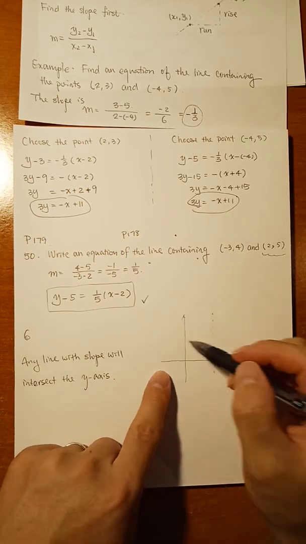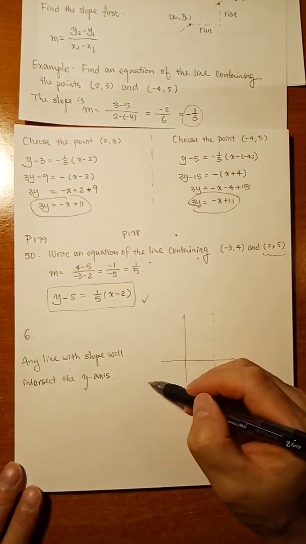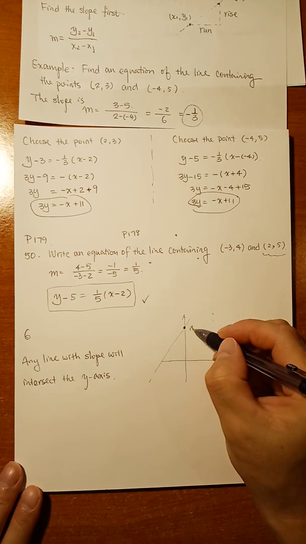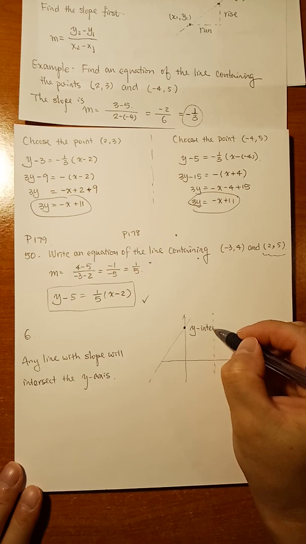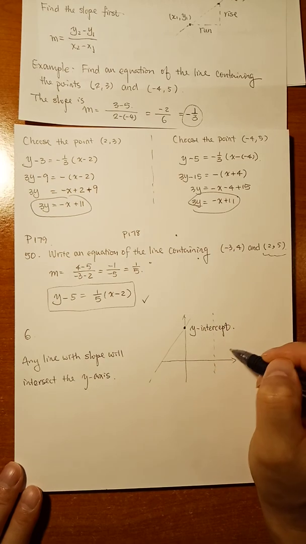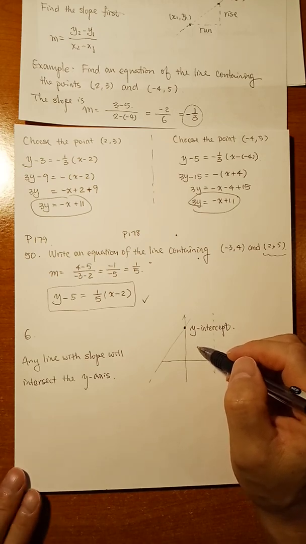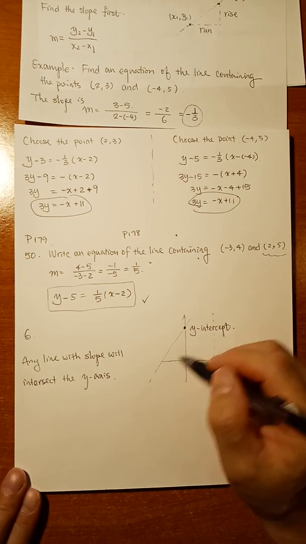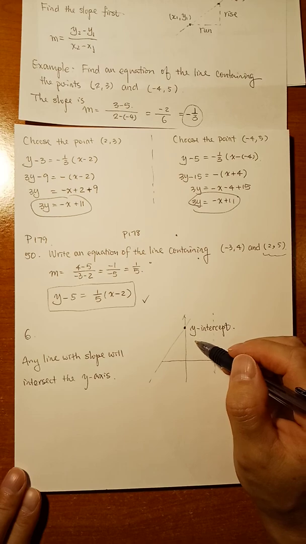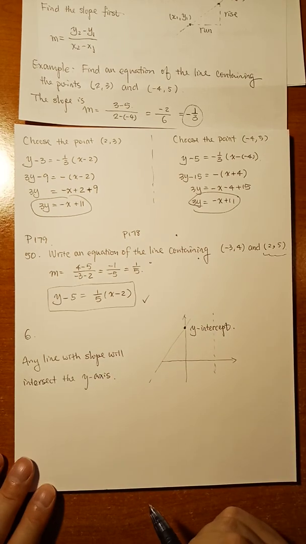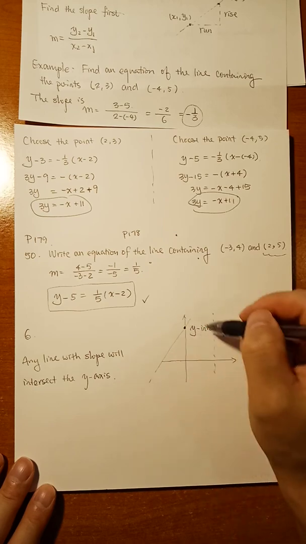Once a line intersects the y-axis, there is a y-intercept. The y-intercept is a special point for a line with slope. It's the intersection of a line and the y-axis.